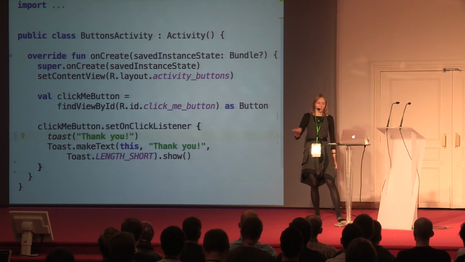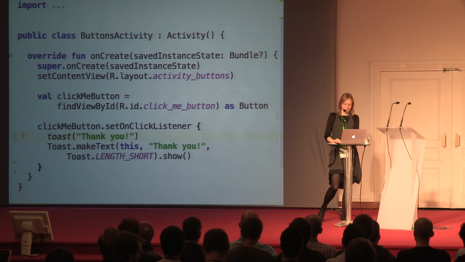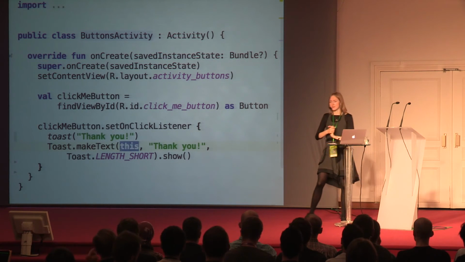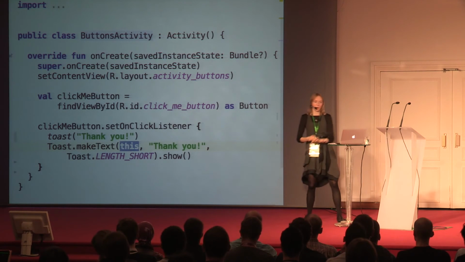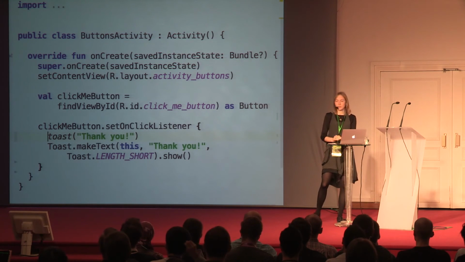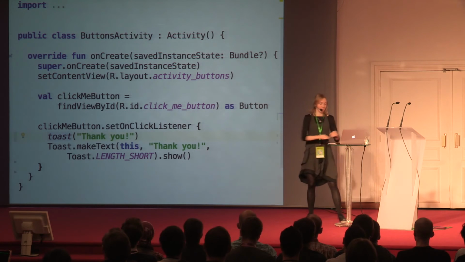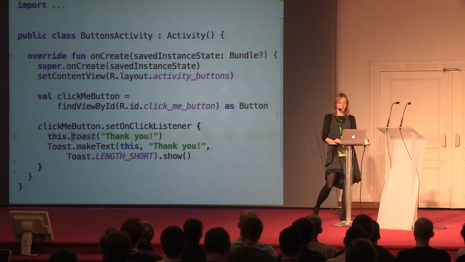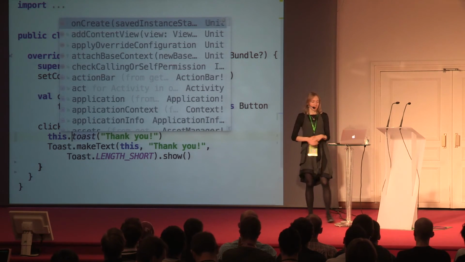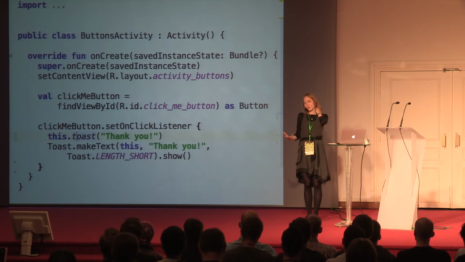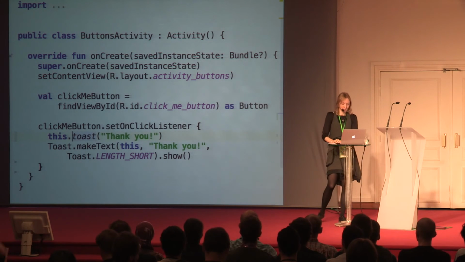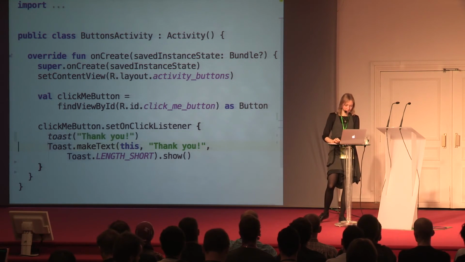Of course, you can declare such a function in Java as well, but you see there is this reference that is somehow hidden in this invocation. What this toast means is that it is an extension function on an activity. So these extension functions allow you to simplify your code, to make it more readable and understandable.